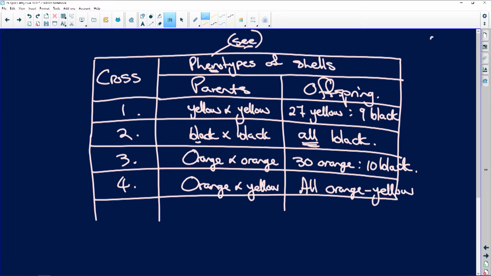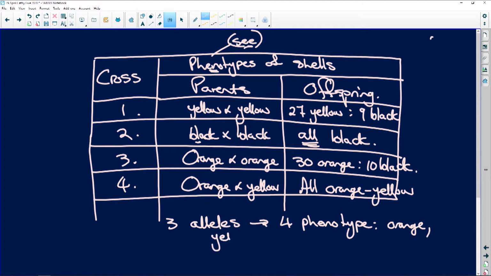Remember, there are 3 alleles that produce 4 phenotypes. And the phenotypes are orange, yellow, orange yellow, which is clearly a combination of the 2, and black.